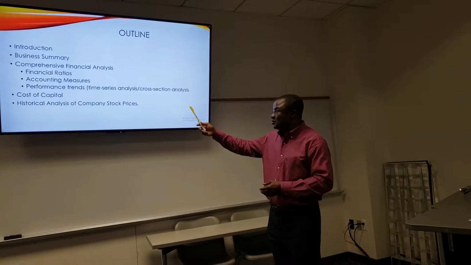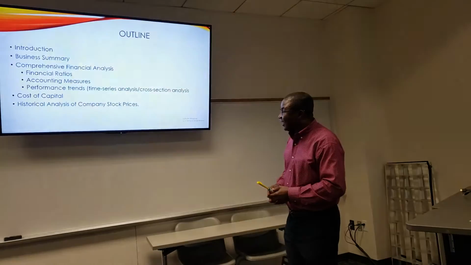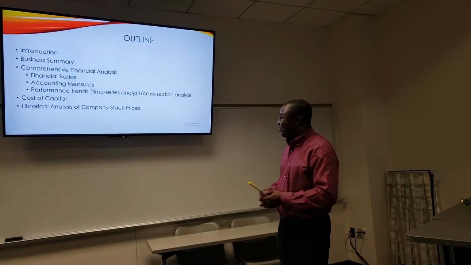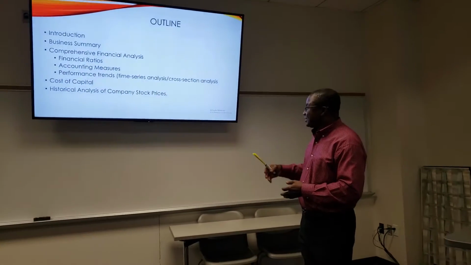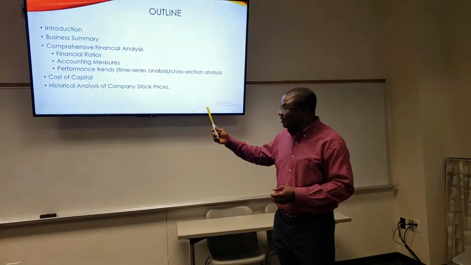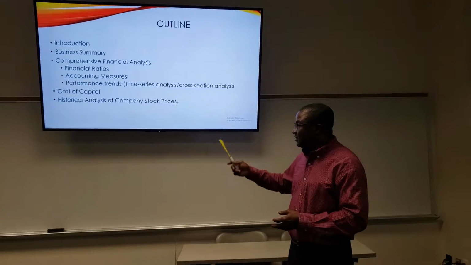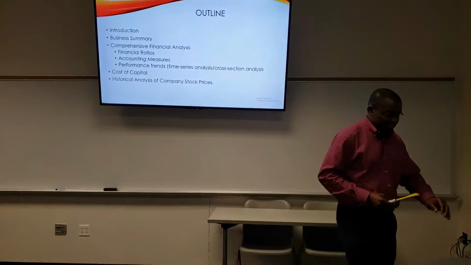I'm going to show you the financial ratios, the accounting measures, and the performance trends that I saw from the analysis using time series and cross-section analysis. We also did cost of capital computations, and finally there was some historical analysis of the company stock prices.